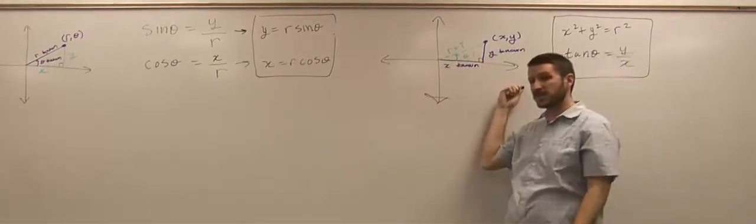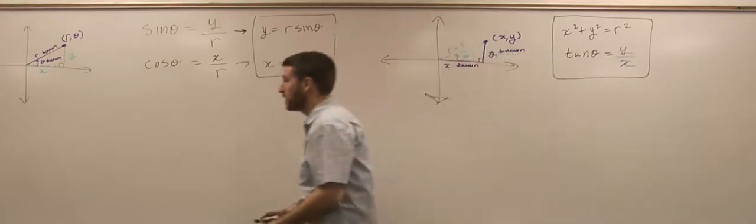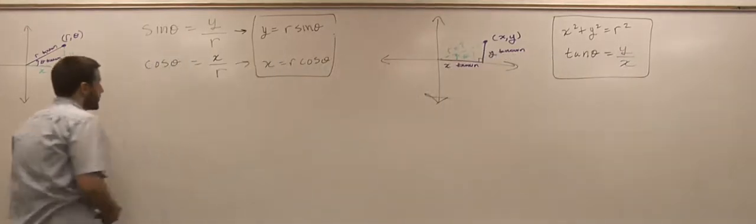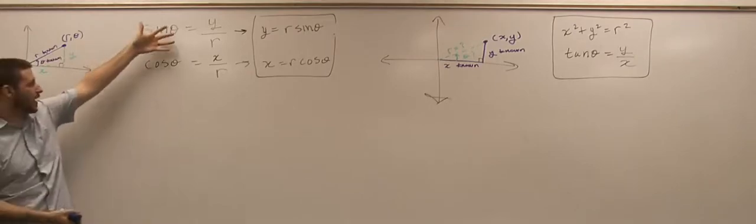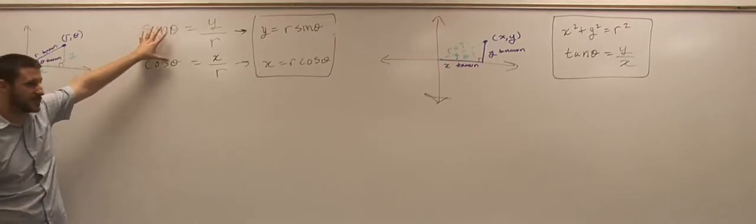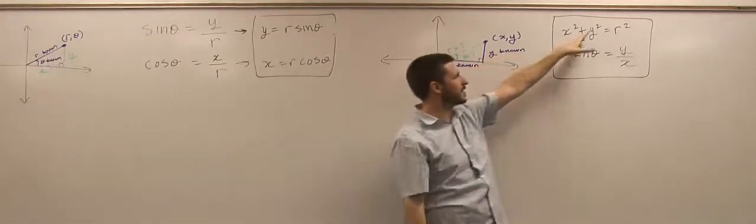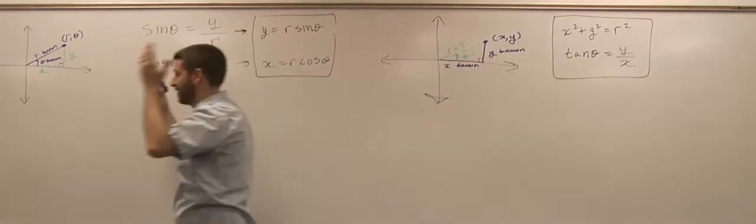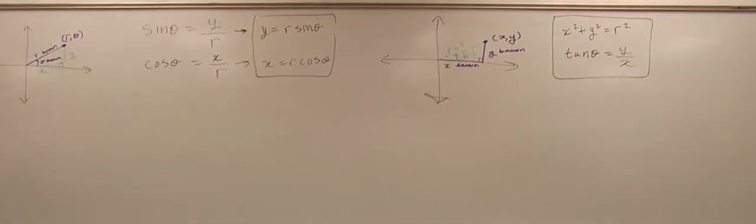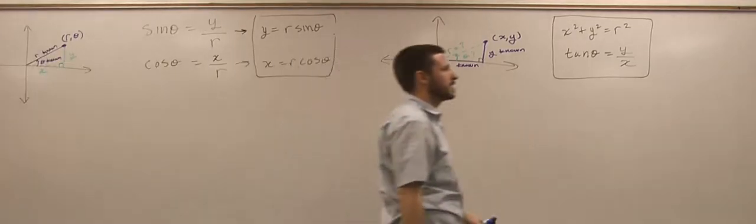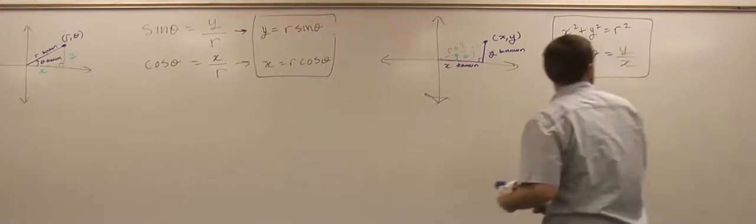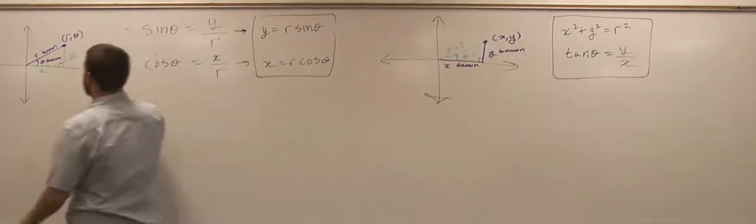I won't give you these, so if you want to use them, you have to know them. They're not super difficult to derive because they're just all of your trig definitions, and then the Pythagorean theorem. But if you're good at memorizing things, I guess you can memorize. Do some quick examples here. So convert from polar to rectangular.